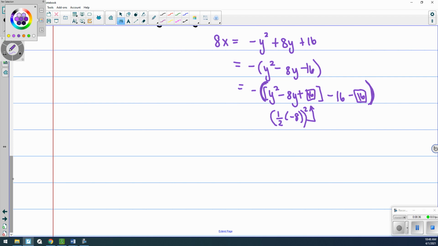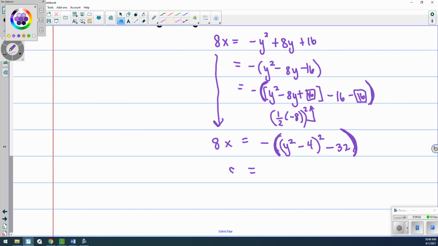Now I'm looking at x equals negative. This would be y minus 4, quantity squared, minus 32. And then again, where are these parentheses coming from? What is up with all these parentheses? There we go. And then don't forget I have 8x. So I'm just going to drop him down.